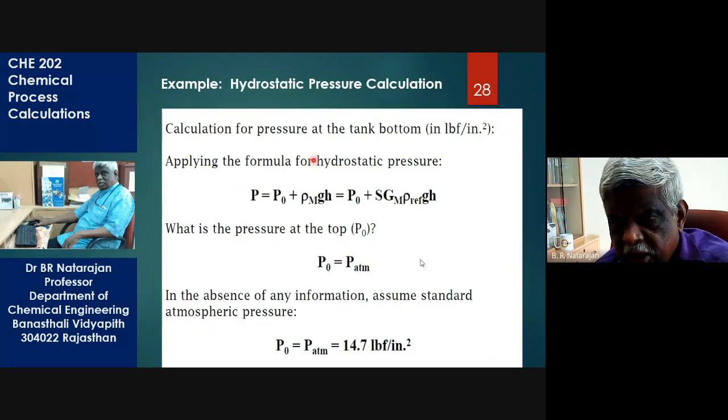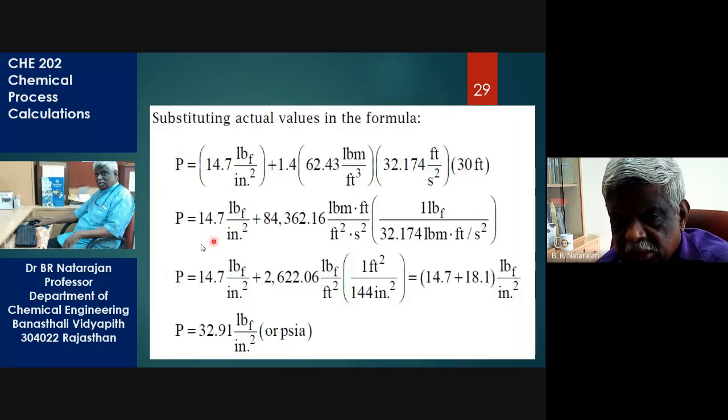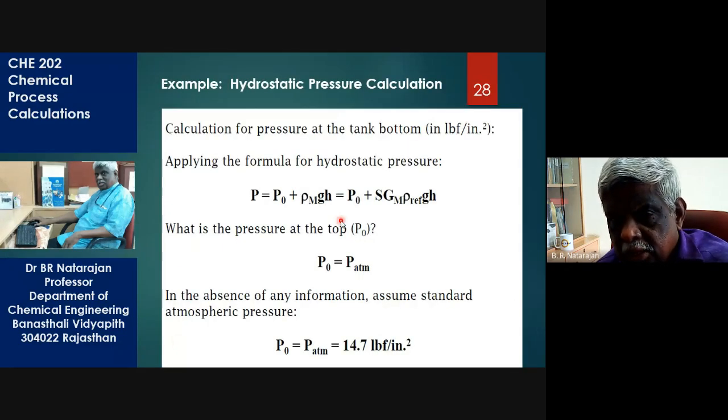So g is known, h is 30 feet. So you put it there and substitute, simplify the expression, right? You get 32.91 pound force per inch square. PSIA is pound per square inch absolute, right? This is the value of P, the total pressure. P is the pressure on top plus pressure due to the liquid.